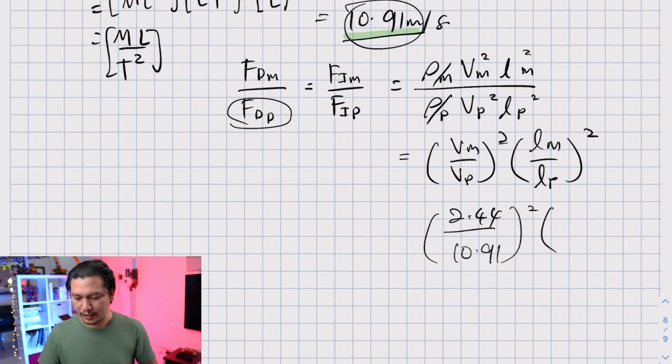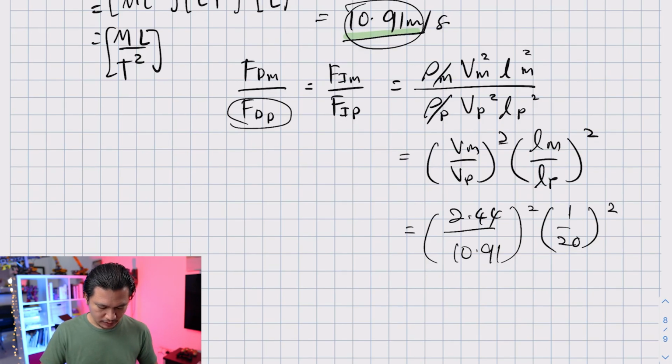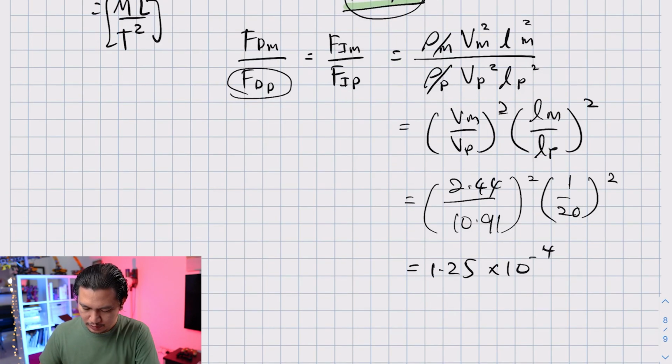And Lm over Lp, remember that the ratio is 1 to 20. So this is 1 over 20 square. This is equal to 2.44 divided by 10.91 square, divided by 20 square. And this gives me 1.25 times 10 to the power of minus 4. So this is the ratio of the drag force between the model and the drag force of the prototype.